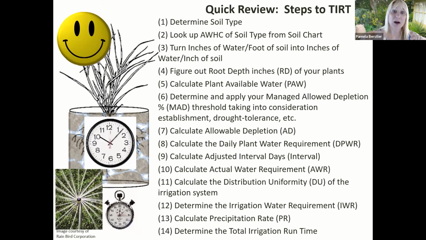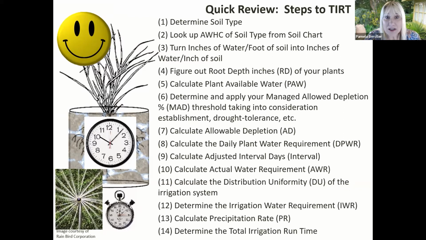There's going to be some amount of water that's not going to make it onto the landscape. So we divide by that distribution uniformity, and this tells us our irrigation water requirement. How much water does this system actually have to put on the landscape to get the actual water requirement to the plants?